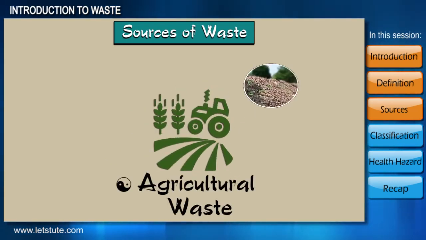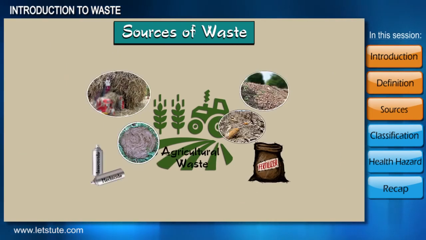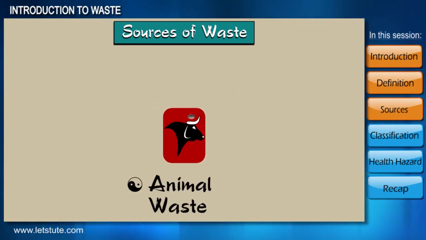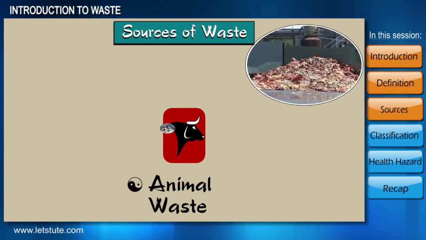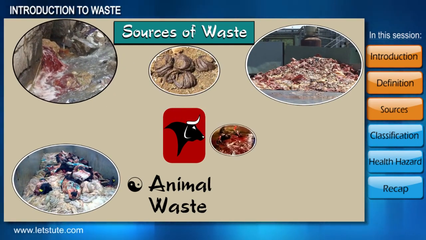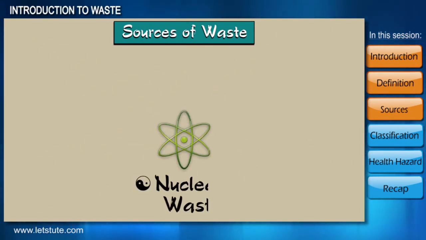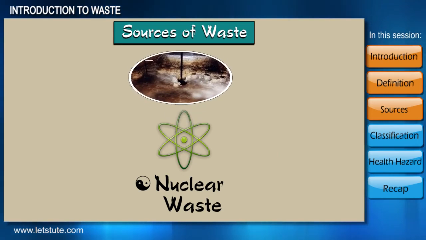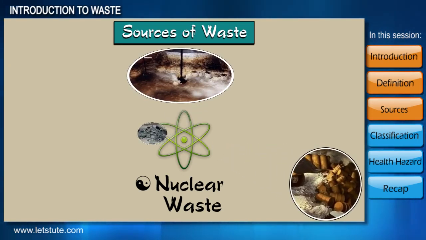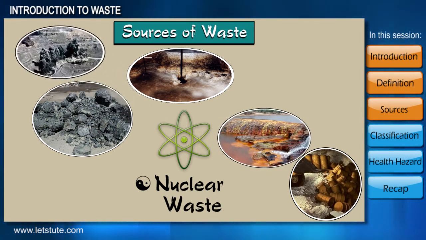Agricultural activities, which generate different waste products. Animal waste. This includes animal waste products associated with agriculture and also the waste from slaughterhouses. Nuclear waste. The waste products of the nuclear power plants include radioactive minerals and metals.